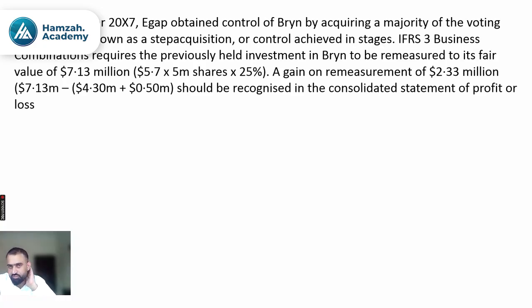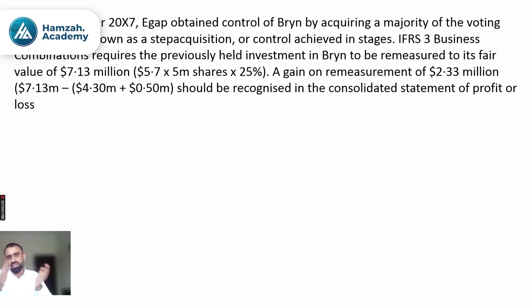Now, after treating it as an associate and removing it from financial asset, what happened at the year end? At the year end, they acquired a further 45% shareholding. Acquiring a further 45% in a company in which you already have 25% means you have a step acquisition, a piecemeal acquisition.